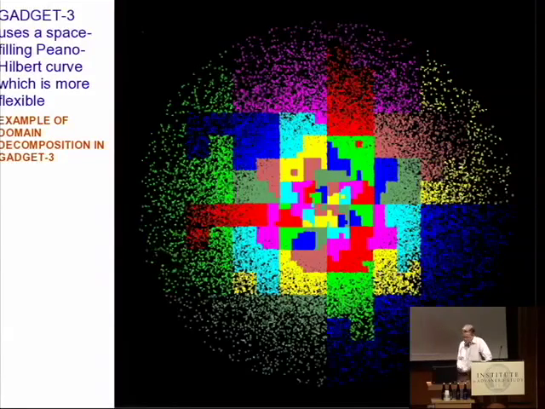And this is what in Gadget 3 is done. So the whole thing here is decomposed in many more patches at the cost of additional communication. With that scheme, you can workload balance the calculation much better and also memory balance it at the same time.